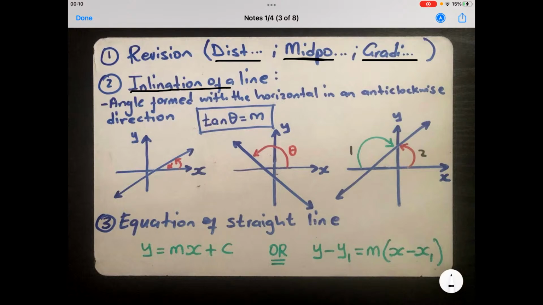Most importantly, let's have a look at that definition there. Angle formed with the horizontal in an anti-clockwise direction is what we call inclination of a line. That is the definition of inclination of a line, where an angle is formed, and that angle is called the angle of inclination.